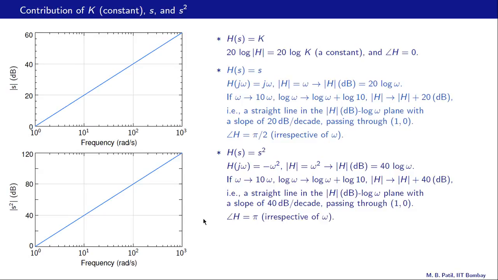What about the angle? H of j omega is minus omega squared, is some negative number, and therefore the angle is 180 degrees, and that is irrespective of the frequency value. We can write this as either pi or minus pi, plus minus 180 degrees.